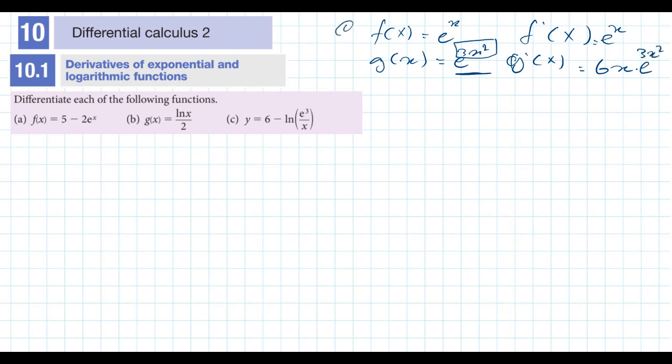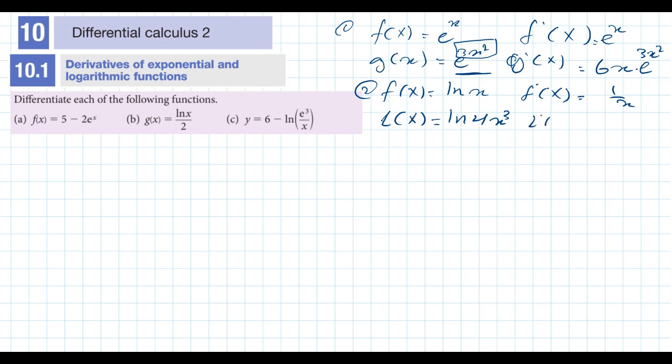The second part is related to ln x. If you have f of x equals ln x, then the first derivative becomes 1 over x. But what if you have, like, L of x equals ln 4x cubed?